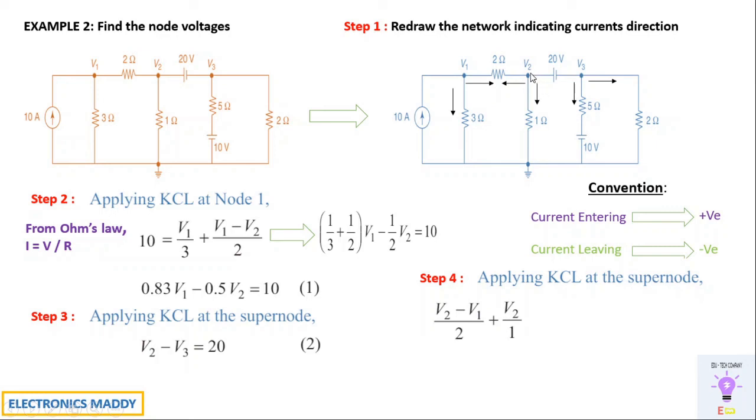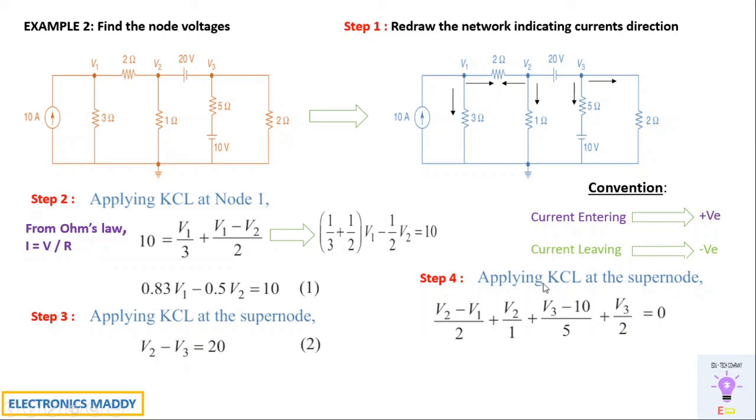Now since there is no other current with respect to node 2, we will go to node 3. With respect to node 3 we have V3 minus 10. There is a voltage source here, so we'll write it going from plus to minus, or at the end there is a minus sign. So V3 minus 10 by 5 ohm is the resistance value that is there. Again, plus V3 by 2, that is equal to 0.